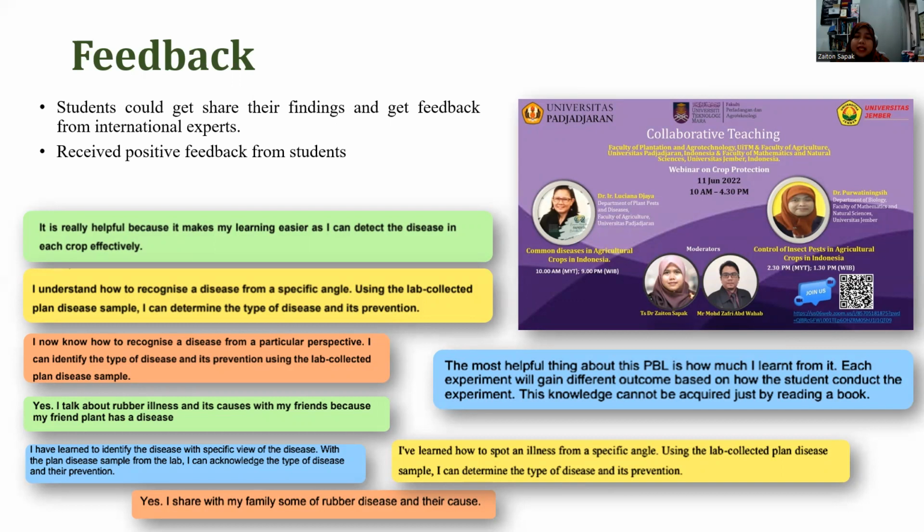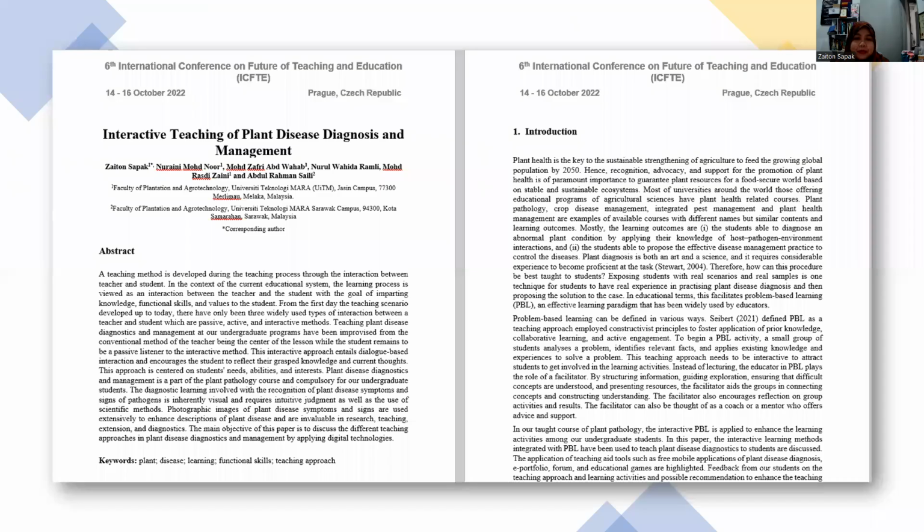The most helpful thing about this PBL is how much I learned from it. Each experiment gains a different outcome based on how the student conducts the experiment. This knowledge cannot be acquired just by reading a book. So these are the types of feedback we got from the students.